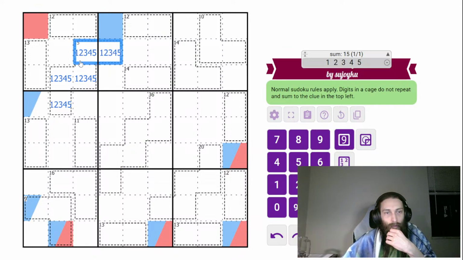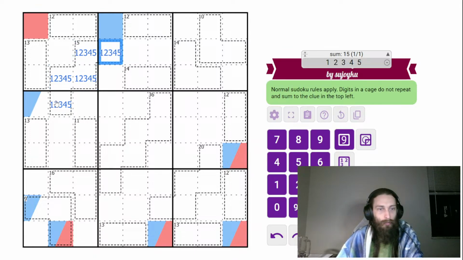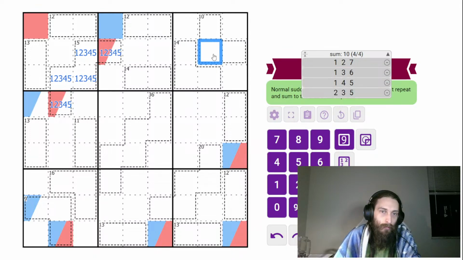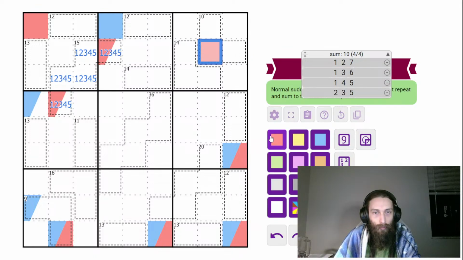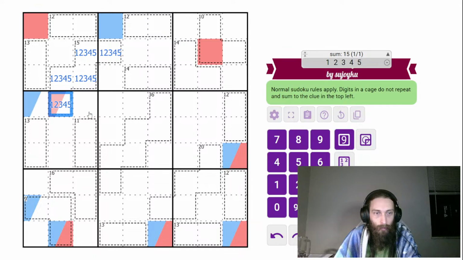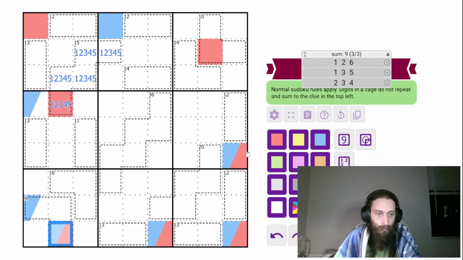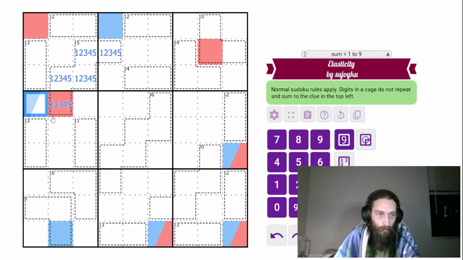Although the 15 has to have red or blue, so red must be one of those two. And I guess if it's neither of those two, then that would have to be red. So that couldn't be red, so that would be red. So then that would be blue. So then that wouldn't be.